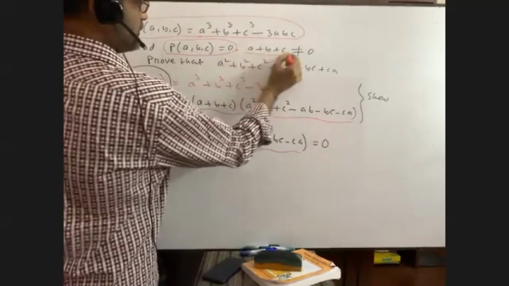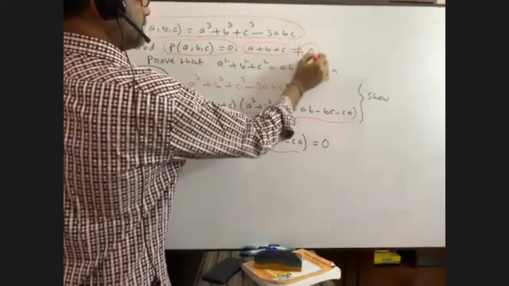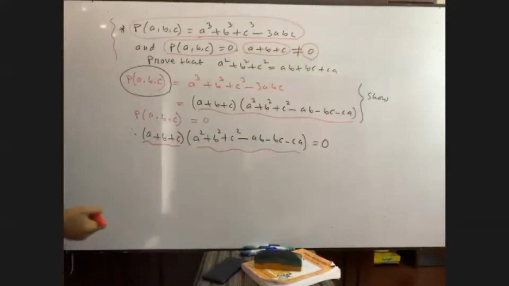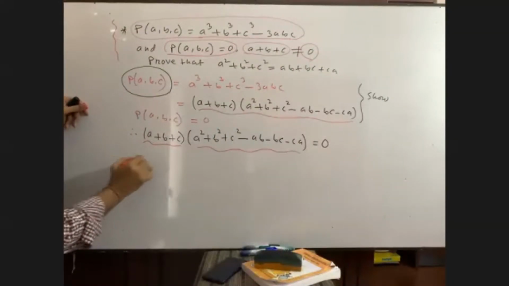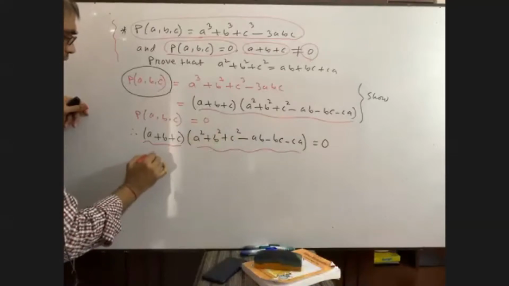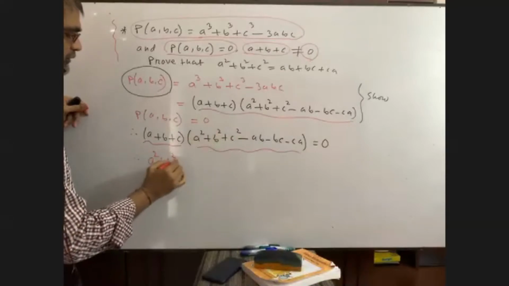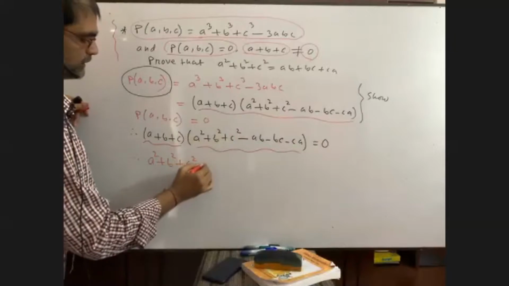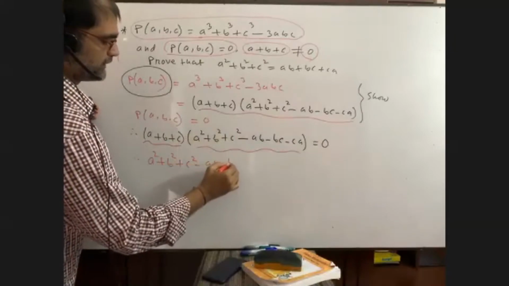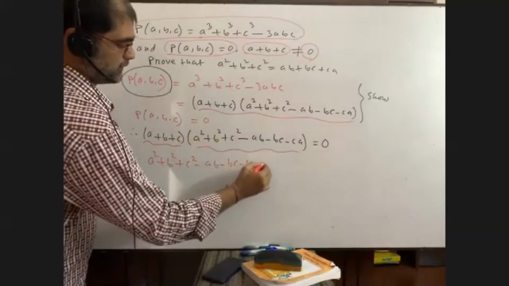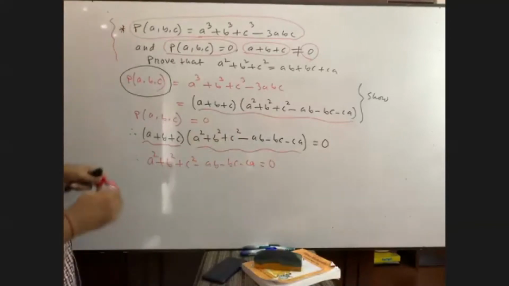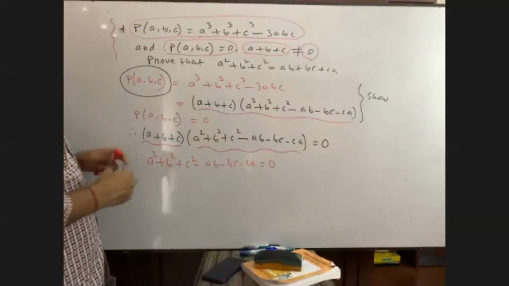The first one is not equal to 0. It is written. So we can write, therefore, the second one is equal to 0, since the first one is not 0, as given in the question.